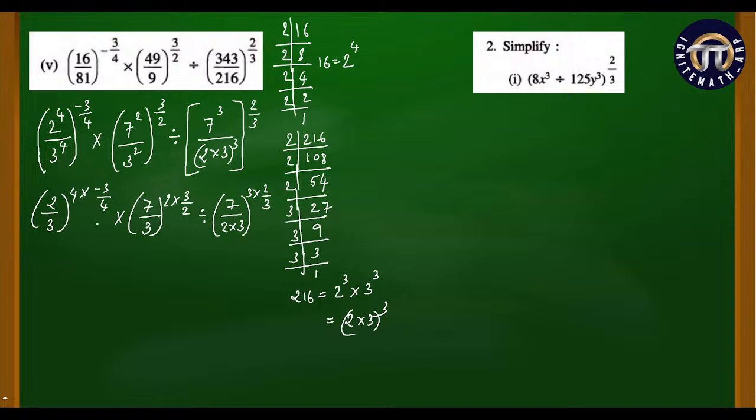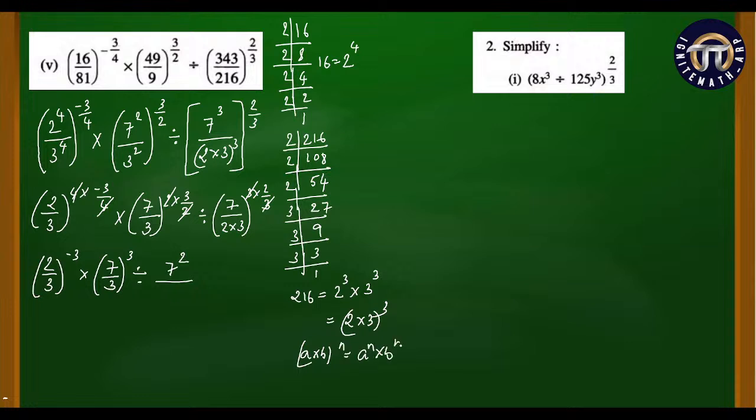Clear, children? So now this 4 will get cancelled. Then later over here this 2 will get cancelled. This 3 will get cancelled. So I'm left with what? 2 by 3 to the power of minus 3 into 7 by 3 to the power of 3 divided by 7 to the power of 2 by, since a into b to the power of n is there, I told you I can write this one as a to the power of n into b to the power of n.